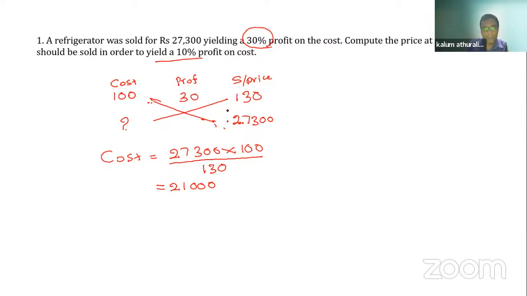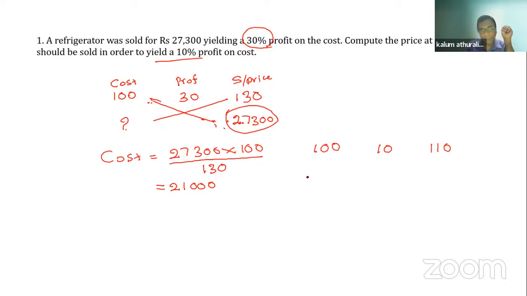Here we solved for 30% profit. Now we want a 10% profit. Cost is 100, profit should be 10, then the selling price will be 110.